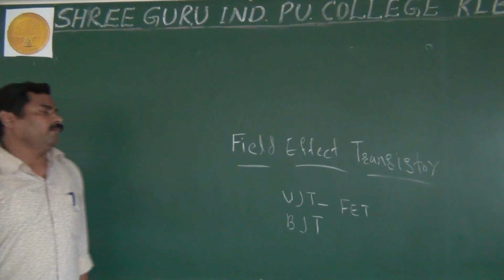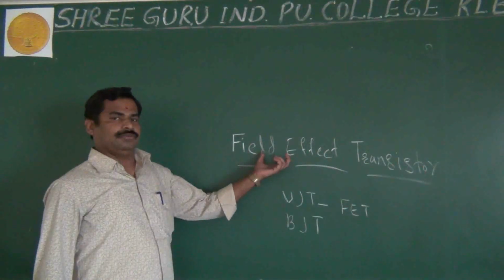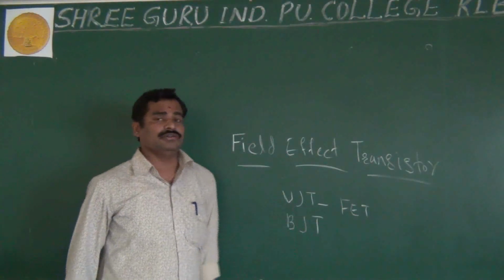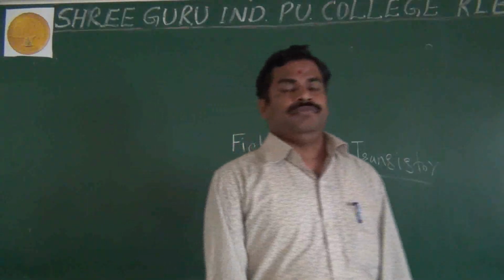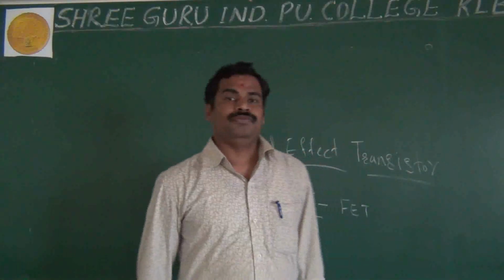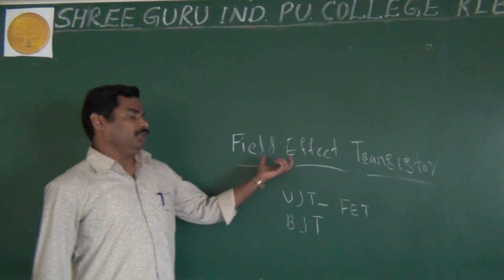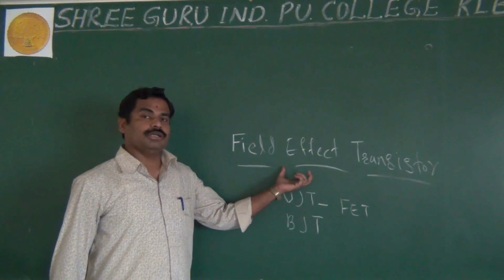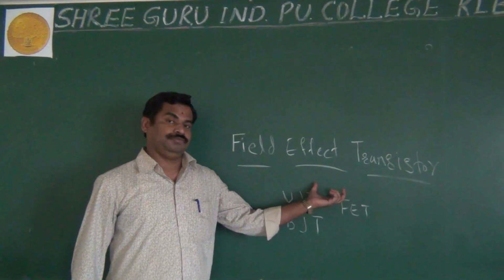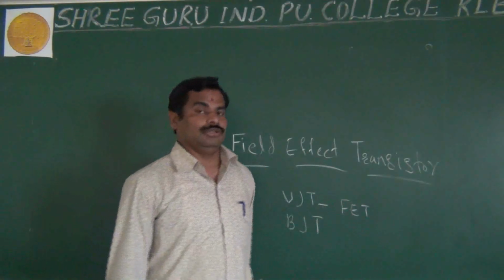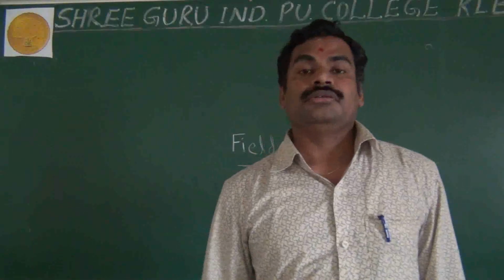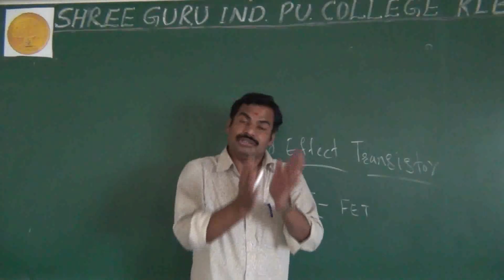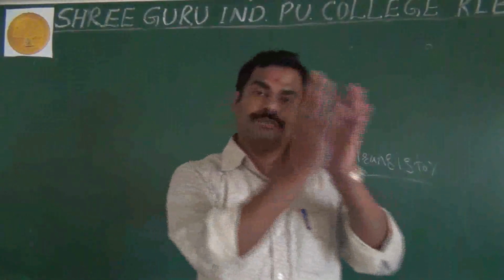Actually, the FET is also one type of transistor. And how do you define the FET? What is the definition of FET? Actually, the FET is a 3-terminal unipolar semiconductor device. As I said, a transistor is a 3-terminal semiconductor device, but the FET is also 3-terminal and also a semiconductor.